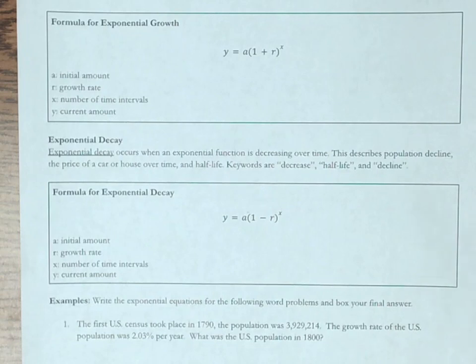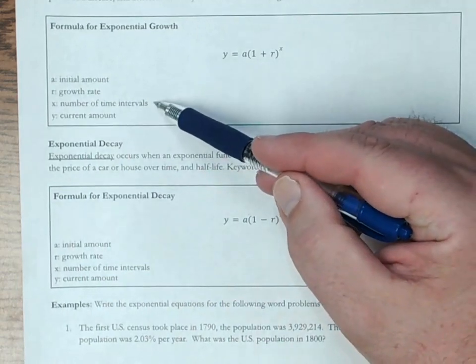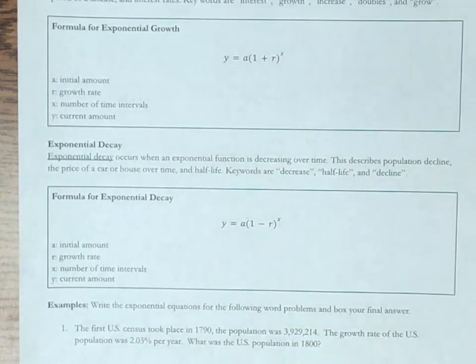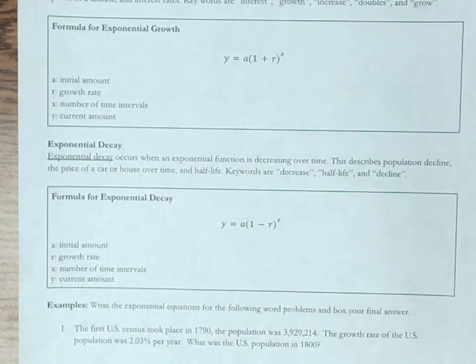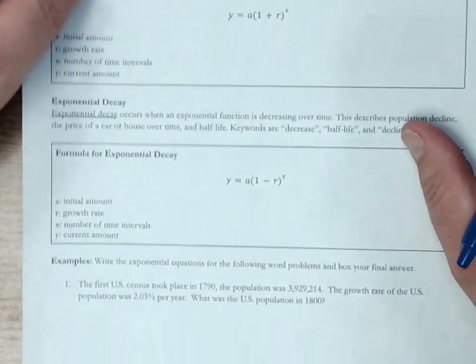It depends. So you have to take whatever time they've given you and adjust it so the number you're using works with the growth rate. For example, if it's 2% per month and they say 2 years, you need to convert that into months so that the number that you're putting in is months. Very important.